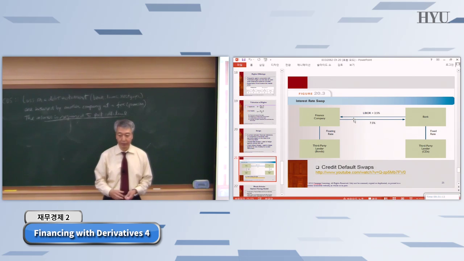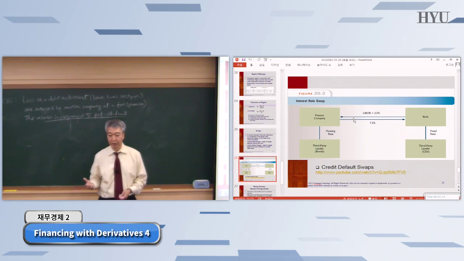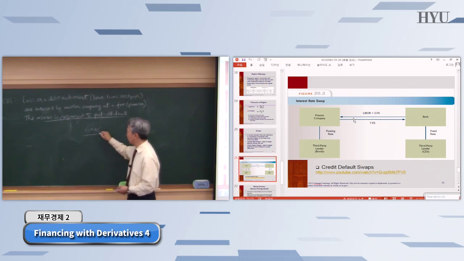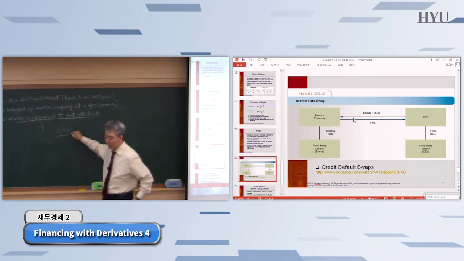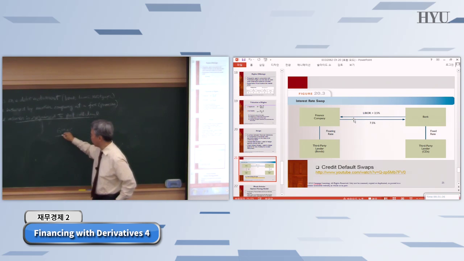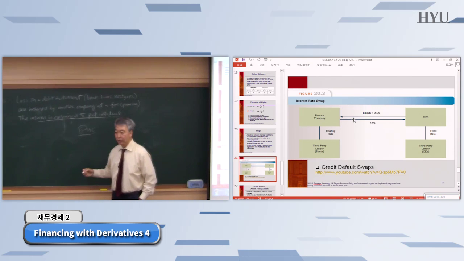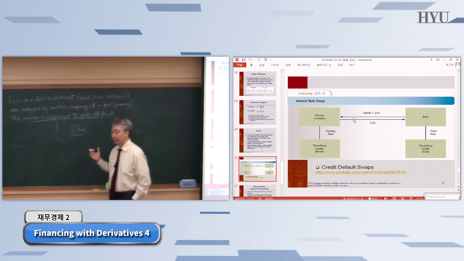Okay? Say, in the United States, there is GMAC. GMAC started as a finance company for GM automobiles. So when people buy GM cars, GMAC provided financing, right?